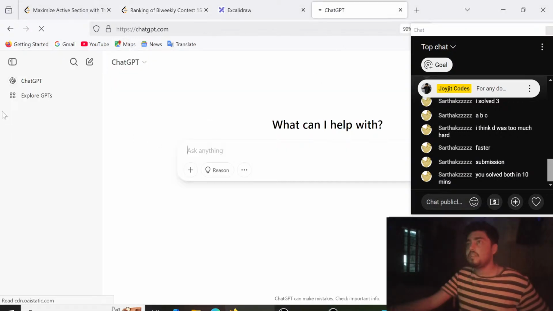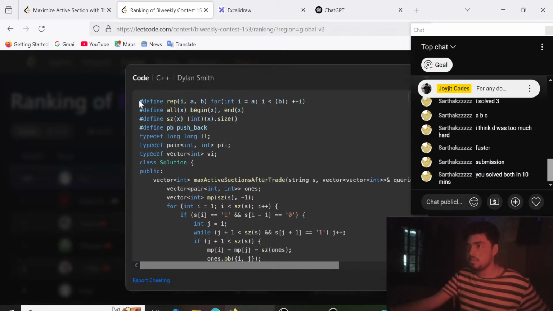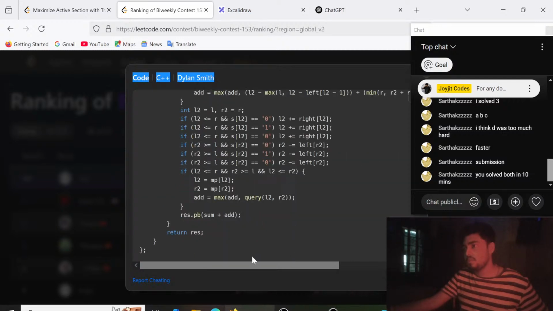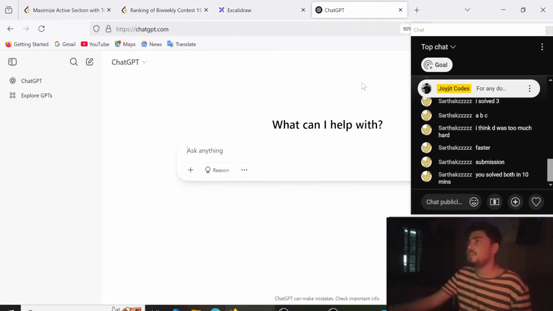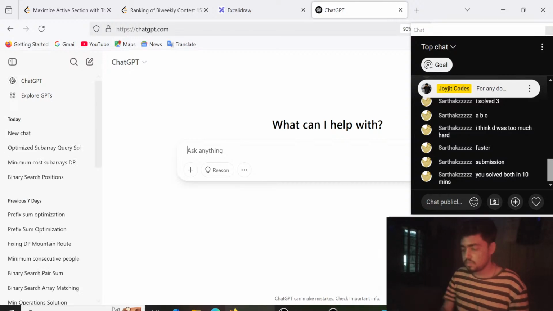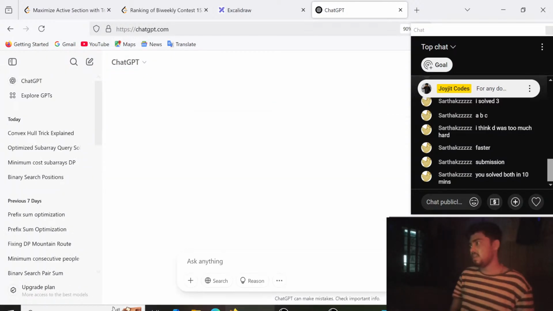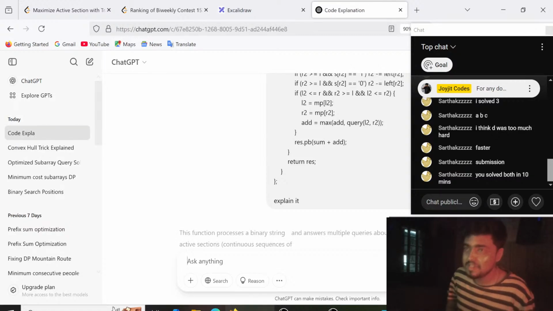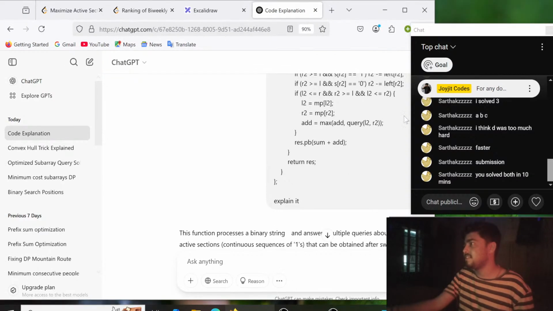Oh yeah, I will have to use ChatGPT to understand the solution, because I'm too tired to understand what he has done, to be honest. So what does ChatGPT tell us?